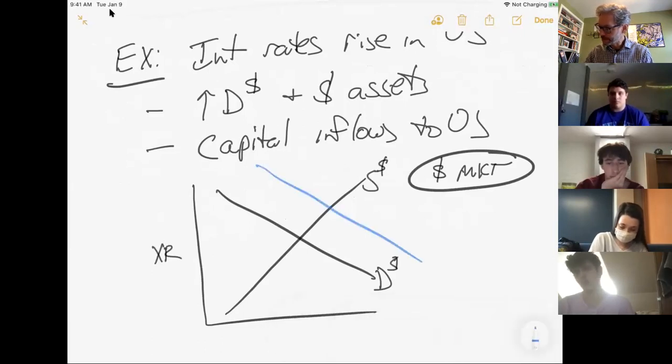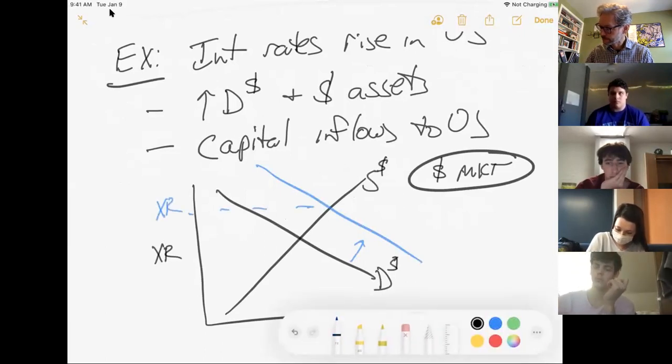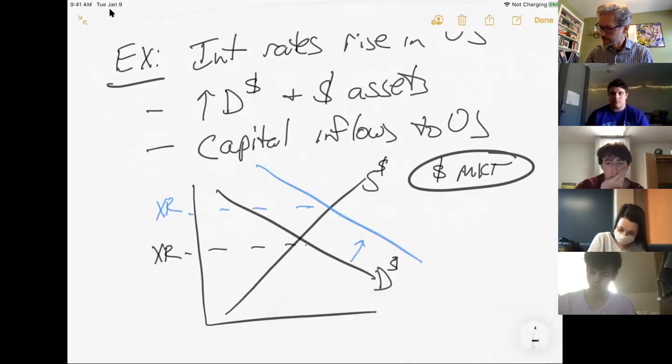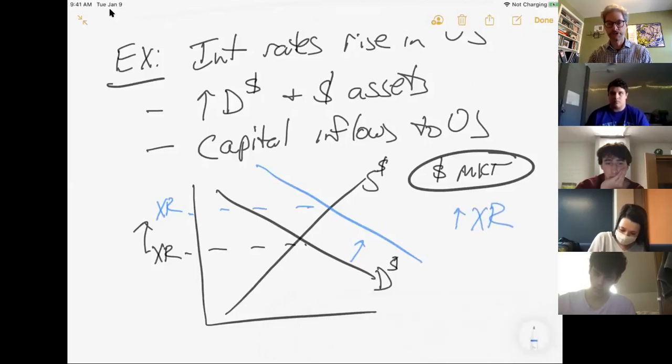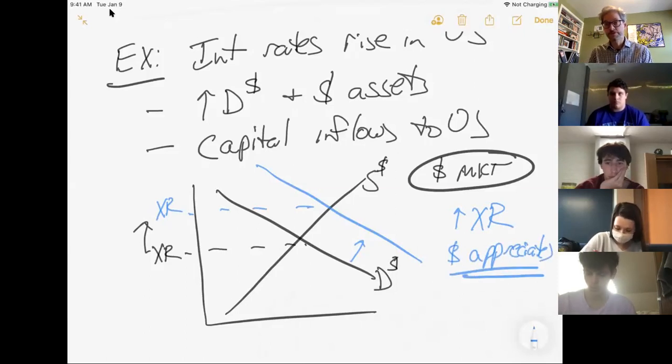The demand for dollars goes up, and as a result, the exchange rate goes up. Using the lingo, we usually call this an appreciation. The dollar appreciates. So in this case, when interest rates go up, the dollar appreciates.